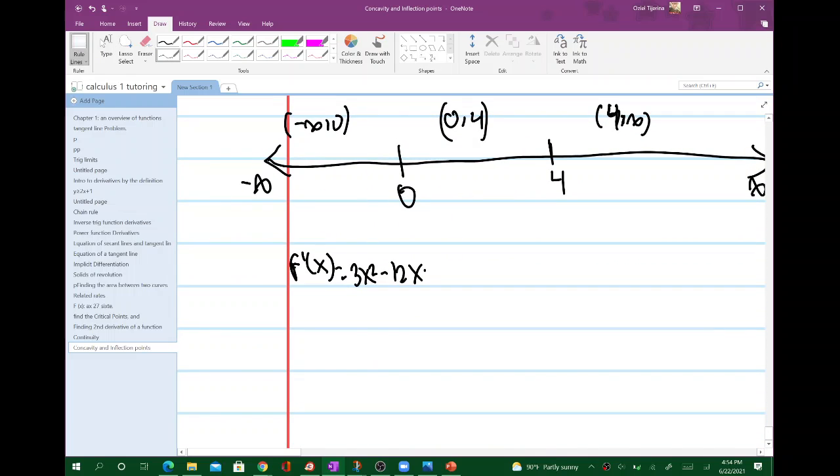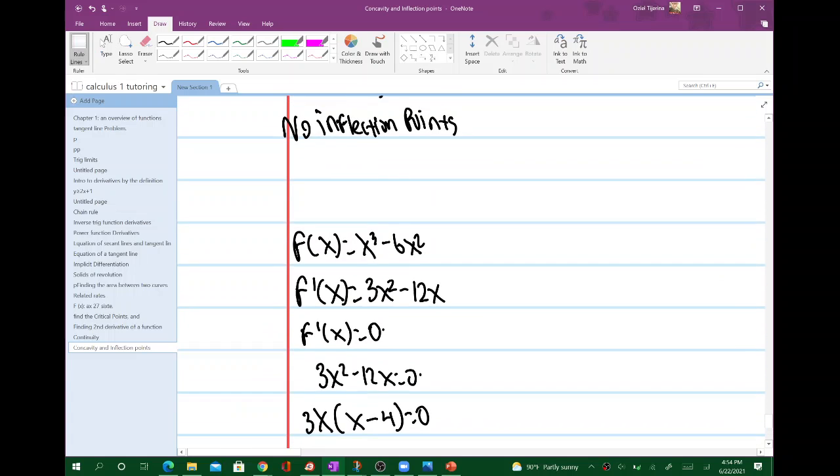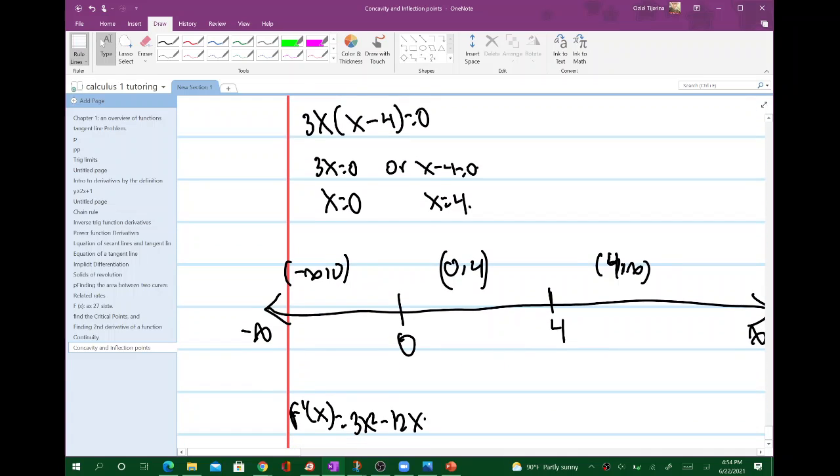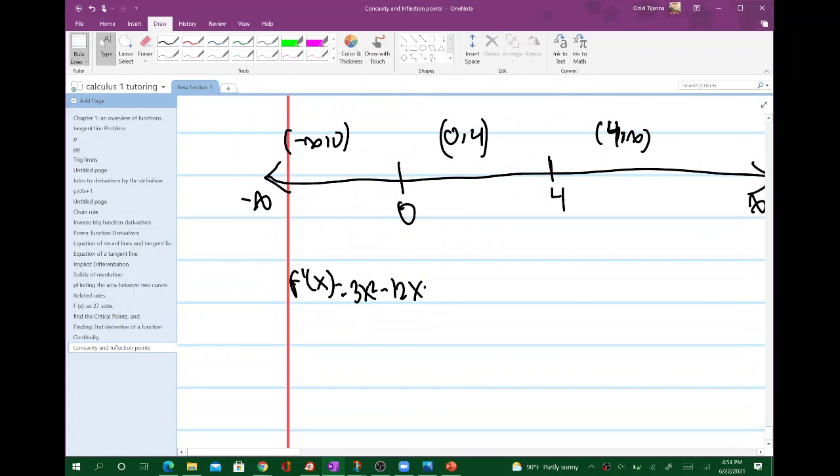And we want to know basically where it's increasing or decreasing. That means we want to know where f prime of x is negative.